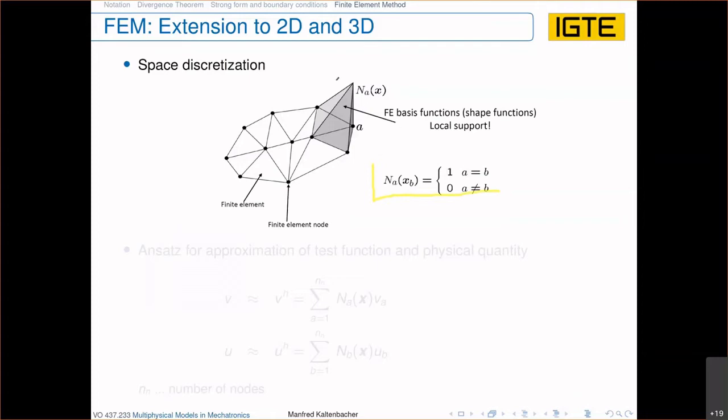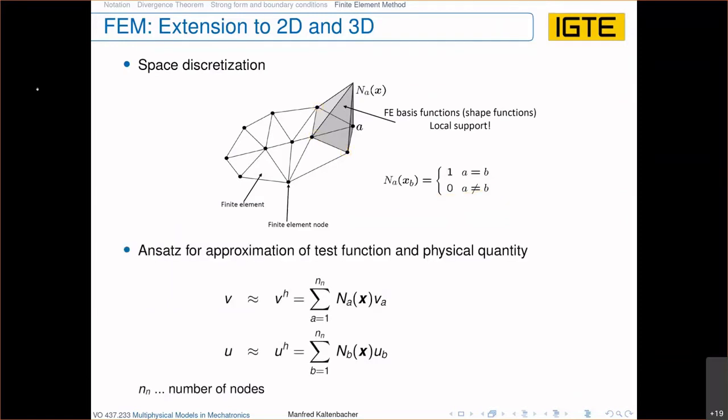So you see here, for example, any shape or basis function NA, which is exactly 1 for the node A and for all neighboring nodes, which is this node here, and which is this node here, and which is this node, it goes to 0. So it is exactly 0 at all the other nodes.